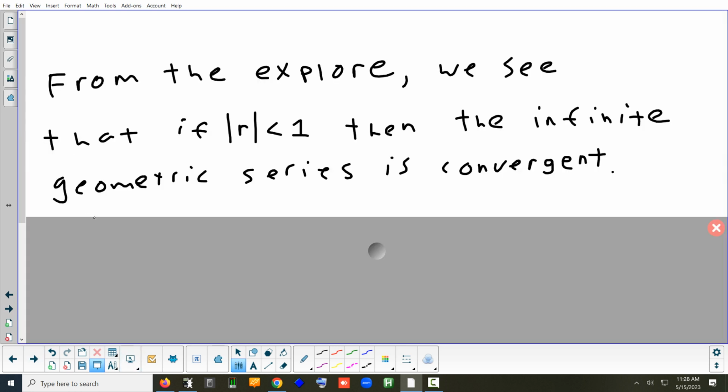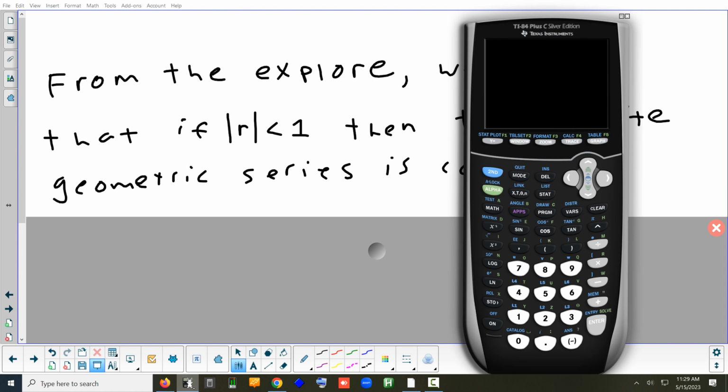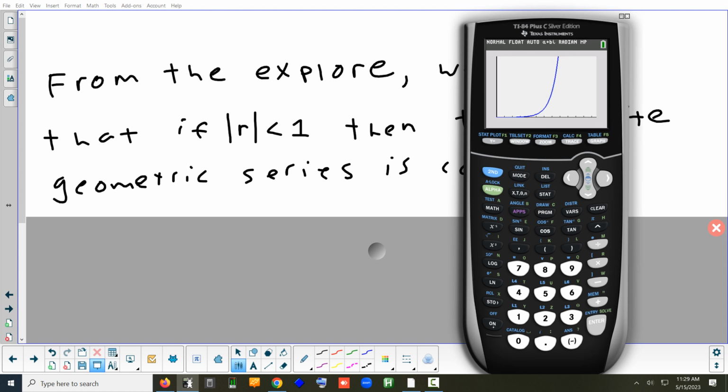All right, so after exploring those different R values, you can see that anytime the R value, technically it could be negative. I did say between 0 and 1, but it could be anything between -1 and 1 except 0. Because even if you multiply a number by, let's say, -0.5 each time.